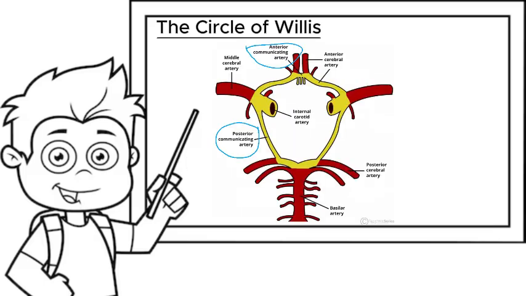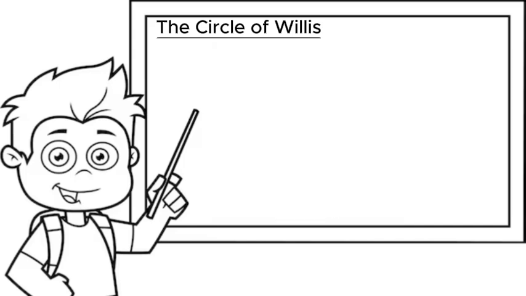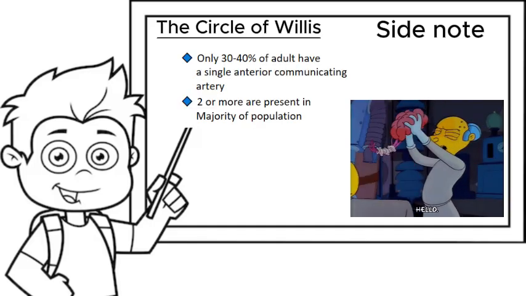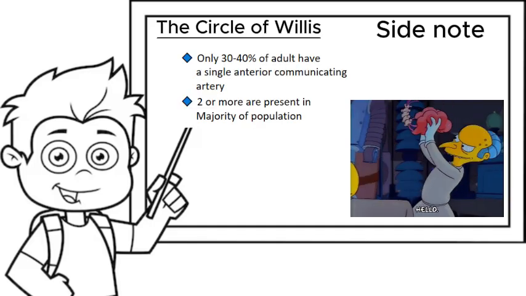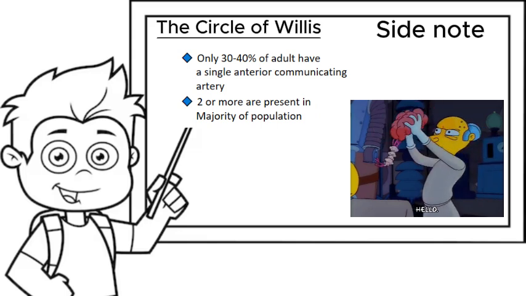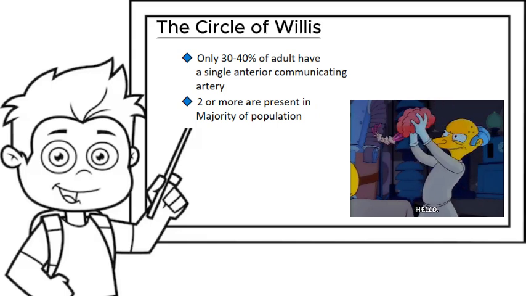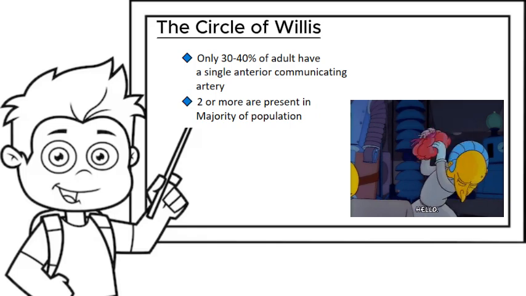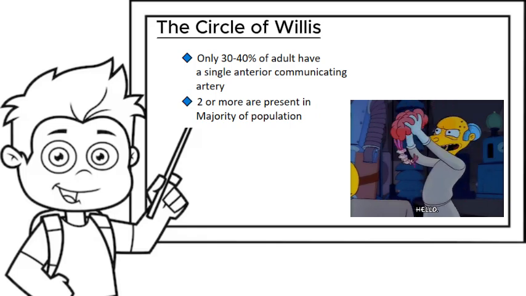Remember, we have the communicating arteries, which include the anterior communicating artery and the posterior communicating arteries. The anterior communicating artery connects both anterior cerebral arteries. This is a side note. It is estimated that only 30 to 40% of adults have a single communicating artery, and two or more connections are present in the majority of the population.